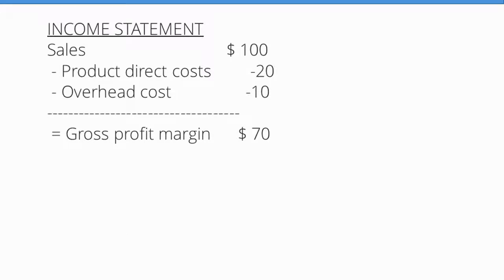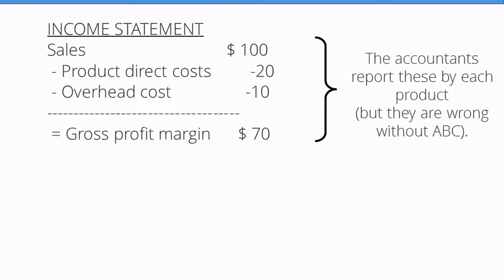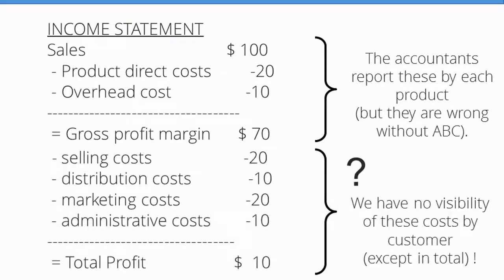Visually, here is a fictitious income statement. So notice that the sales minus the direct costs and those indirect overhead costs gives a gross profit margin of only 70. And it would be nice if that $10 was assigned to the products correctly. But the real issue is this: below the gross profit margin line is selling, distribution, marketing, customer service.